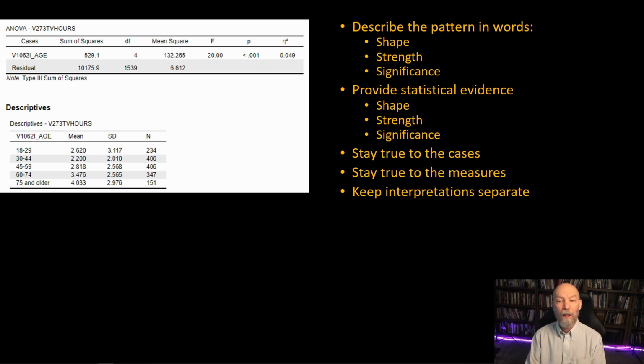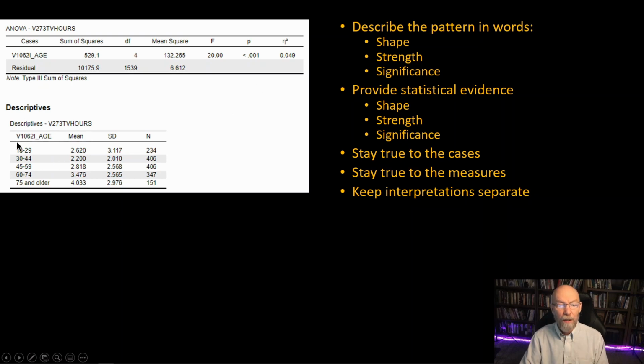But I want you to recognize that when we look at the relationship between watching television and age categories, this is a statistically significant result. The p-value is below 0.05. This is a weak effect. About 4.9% of the variation in TV hours is predicted by the age variable.